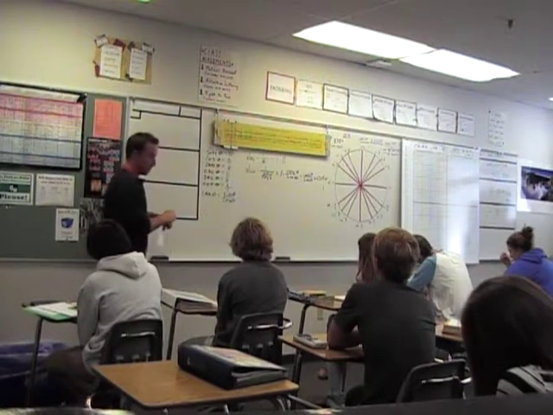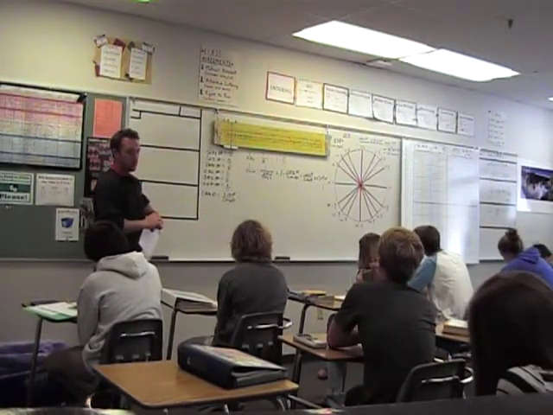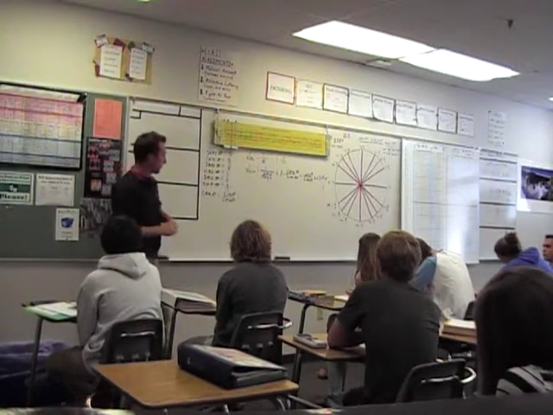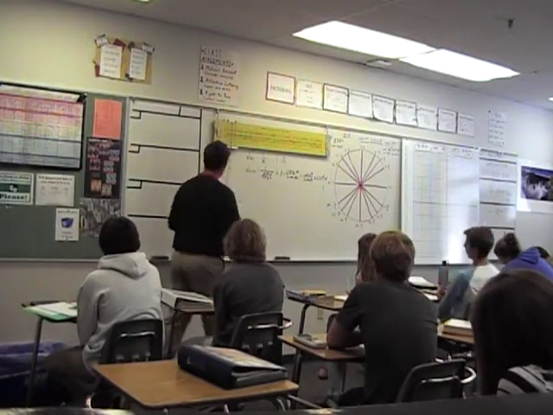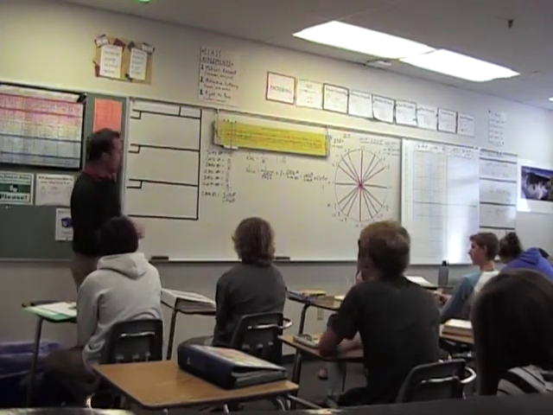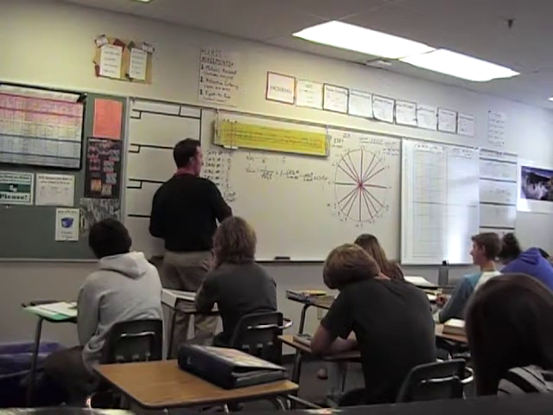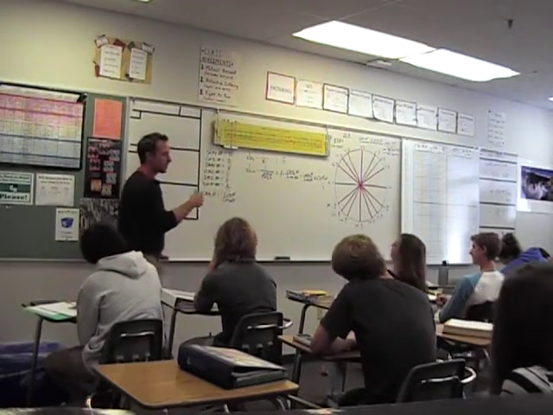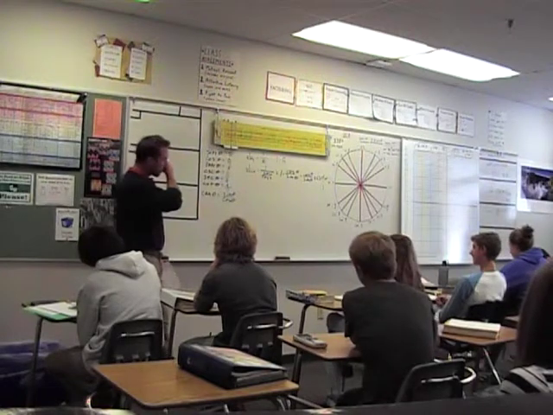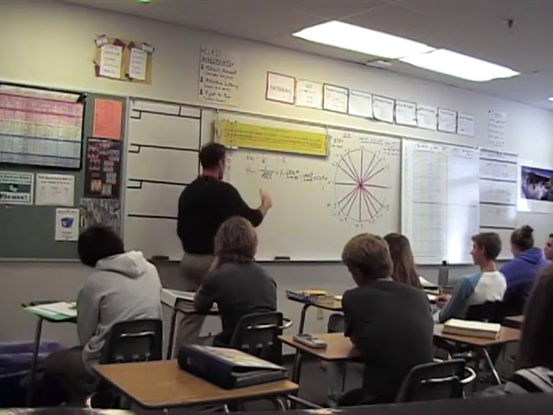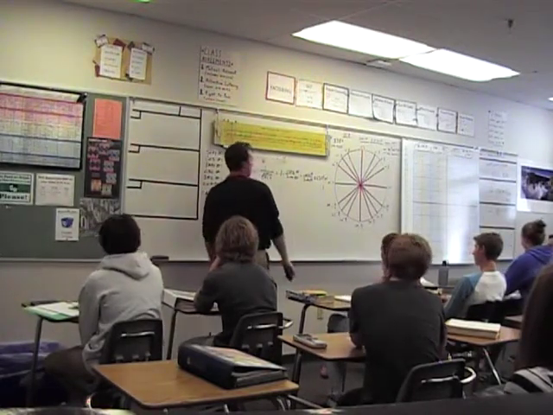Just proving to you how it works. Exactly. Okay, if you ever get stuck, these are different ways that you guys can use to figure out, oh yeah, that's another way to write cosecant or secant or cotangent, okay?